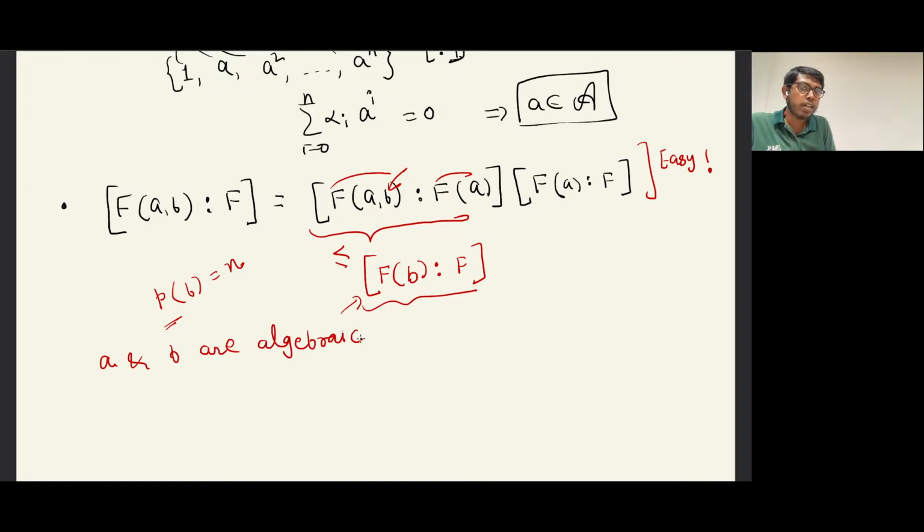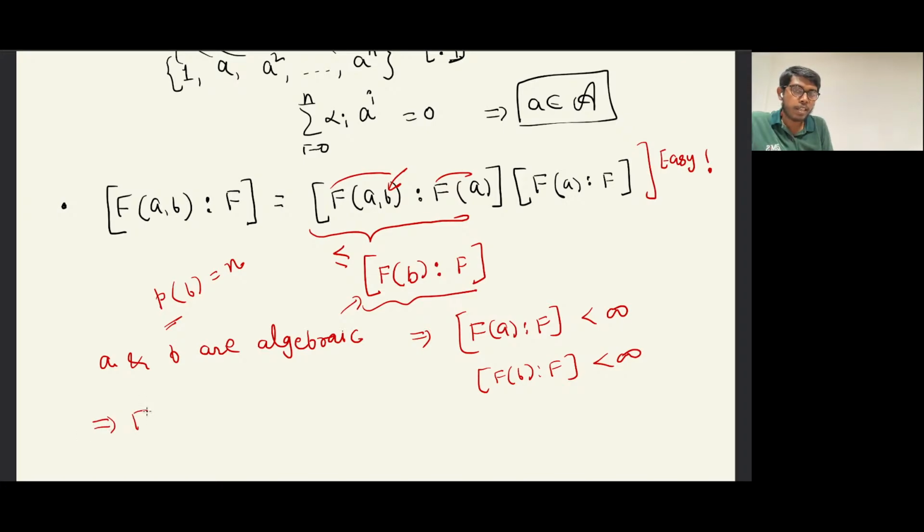If a and b are algebraic numbers, this means F(a) over F is finite and F(b) over F is also finite. Hence F(a,b) over F is also finite, because this degree is at most this times this.